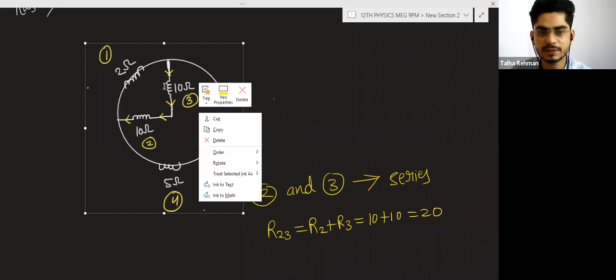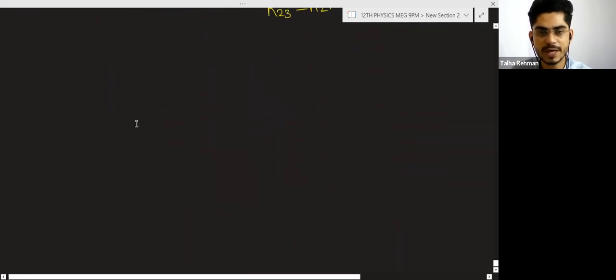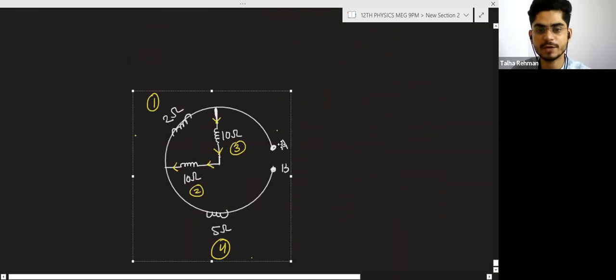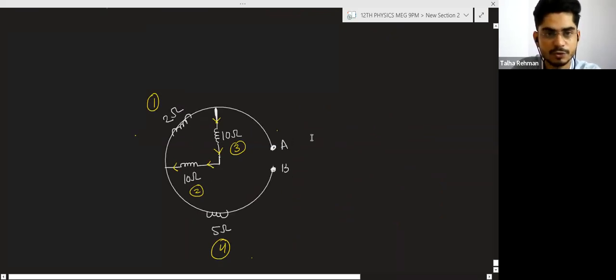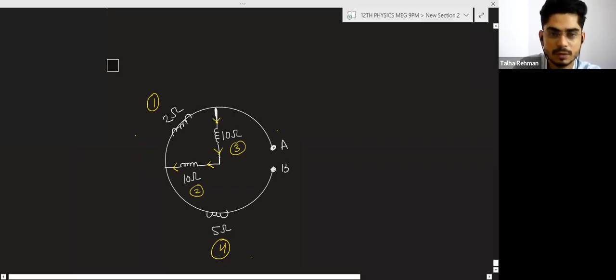We have connected the equivalent resistance of this and this. Now we will connect a resistance of 20 ohm instead of two 10 ohm resistances. So what I am going to do here, just removing this.